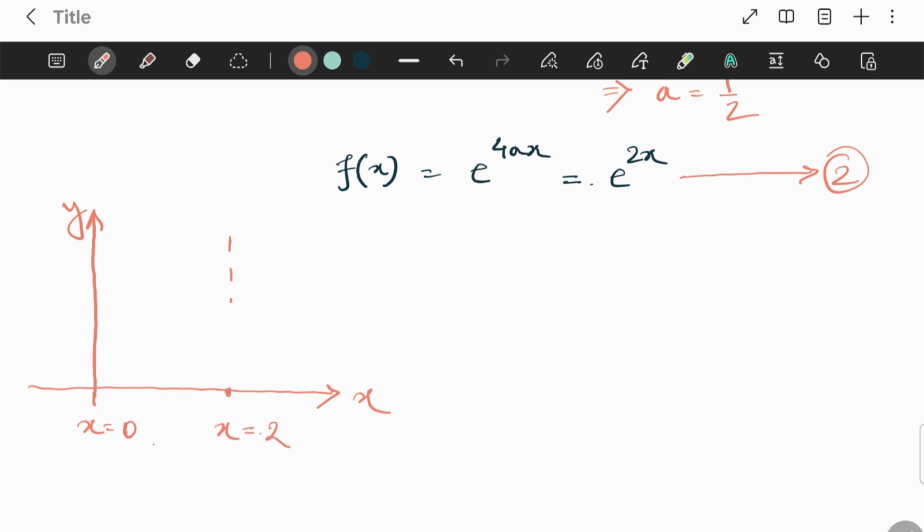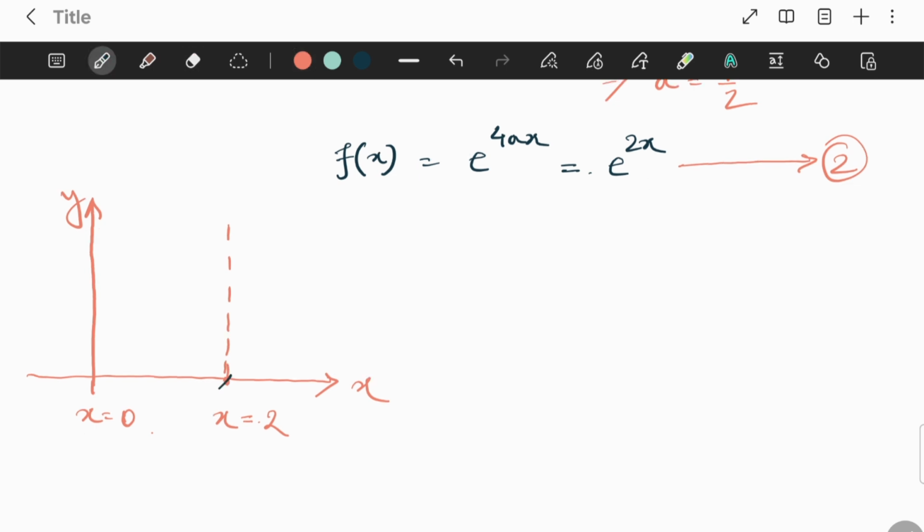There is a bounded function, and the function is e to the power 2x. It says that 0 is less than or equal to y, less than or equal to f(ax). f(ax) means f(x by 2), right?